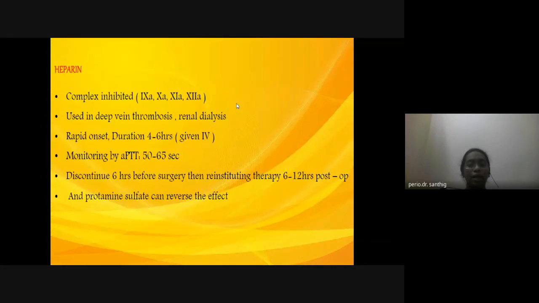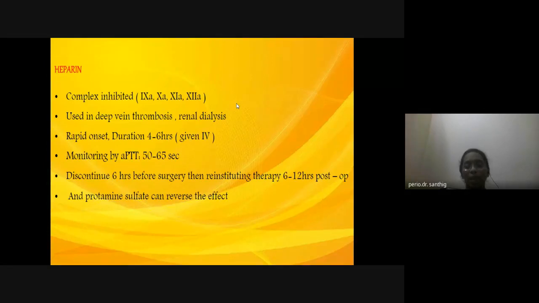If the patient is under heparin, as I said, patients under renal dialysis will be given heparin. They will inhibit factors 10, 9A, 10, 11, and 12A, used in deep vein thrombosis and renal dialysis patients.